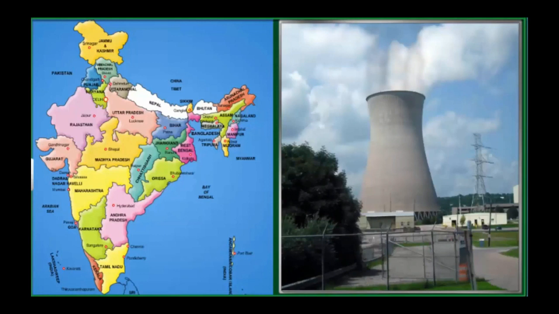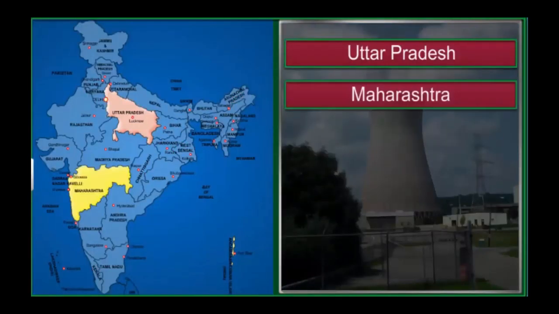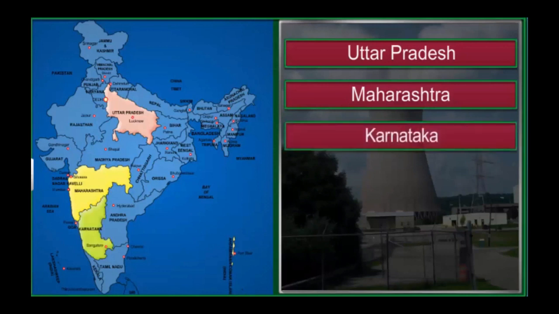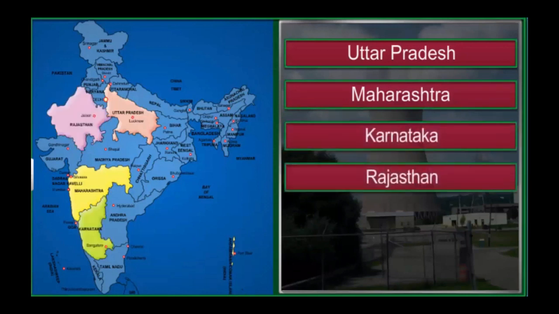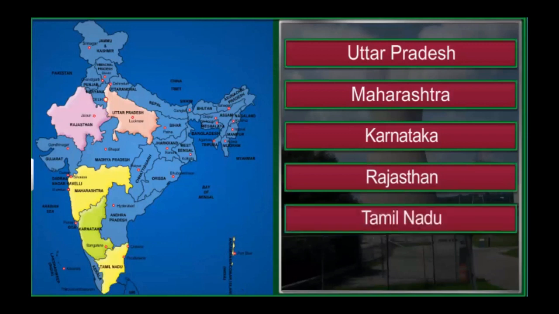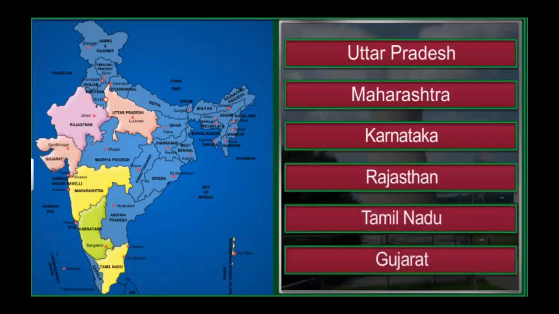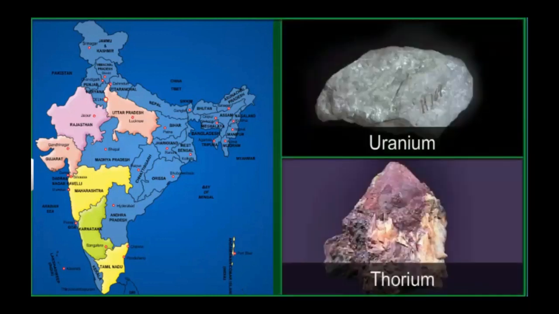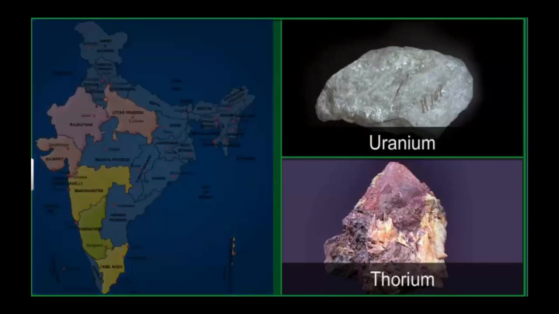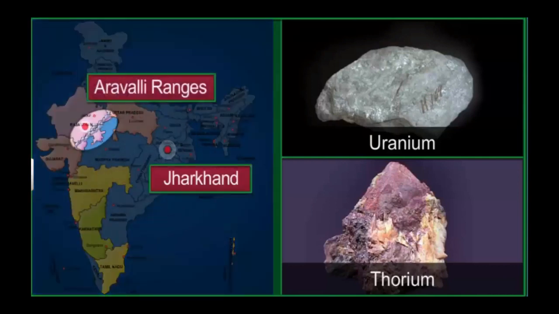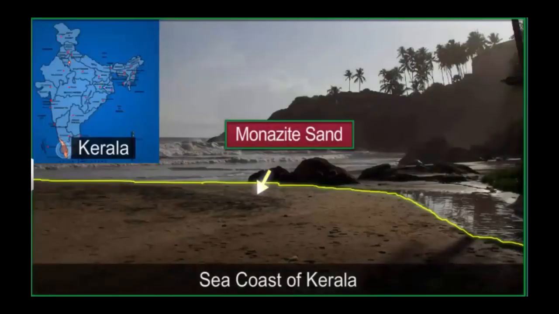At present, India has 6 operational nuclear power plants in Uttar Pradesh, Maharashtra, Karnataka, Rajasthan, Tamil Nadu and Gujarat. The uranium and thorium used to run these nuclear power plants is sourced from Jharkhand and the Aravalli ranges in Rajasthan. The monazite sand of Kerala is also rich in thorium.